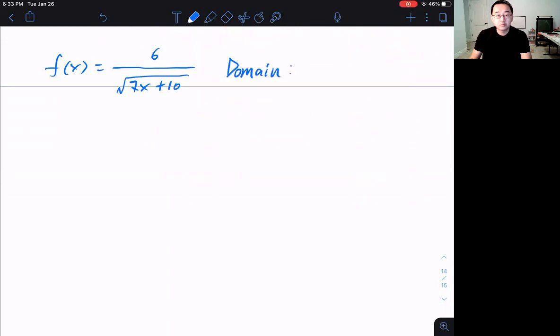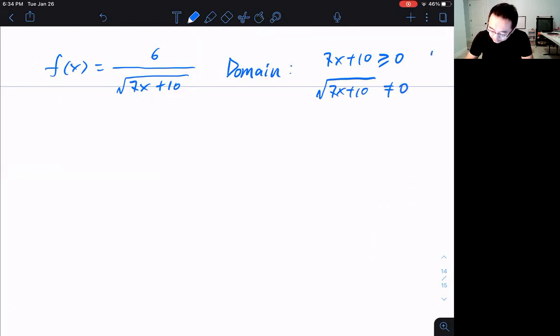What do you do? Well, first of all, we know that 7x plus 10 cannot be negative, so 7x plus 10 has to be greater than or equal to 0. But we also know that the denominator cannot be 0. So the square root of 7x plus 10 cannot be 0.